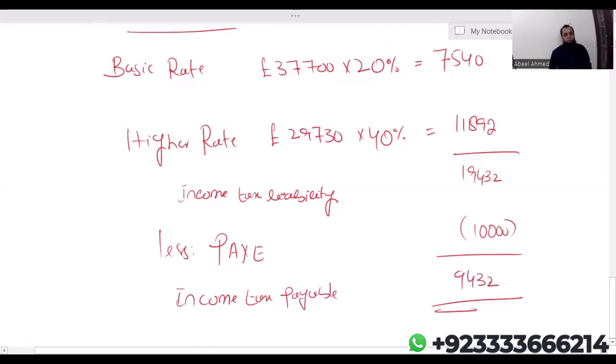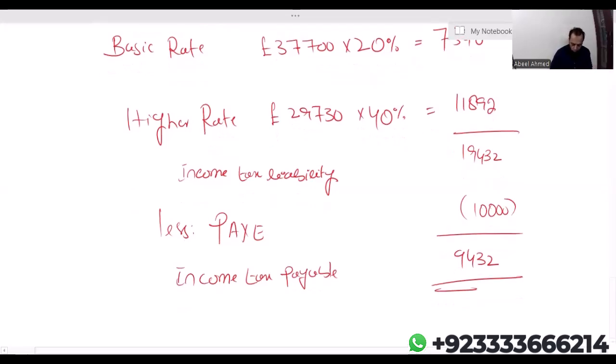This is how PAYE works. So PAYE is pay as you earn, the tax which the individual has paid in advance. You first calculate income tax liability, deduct the tax which the individual has paid in advance, and the final will be the additional tax which the individual has to pay, which is 9,432.